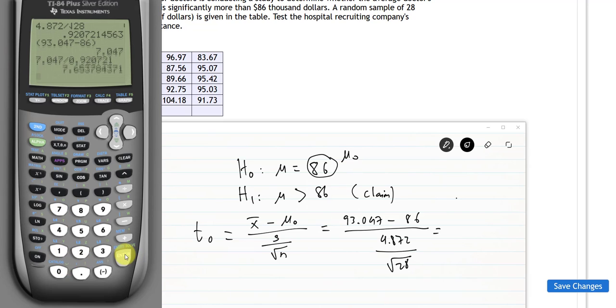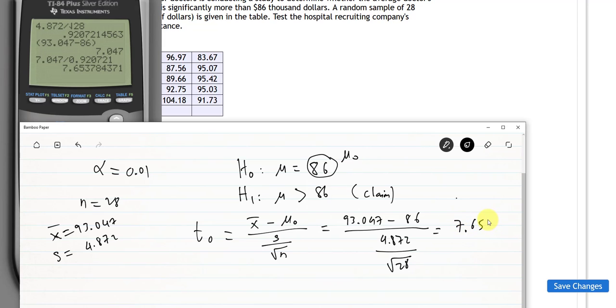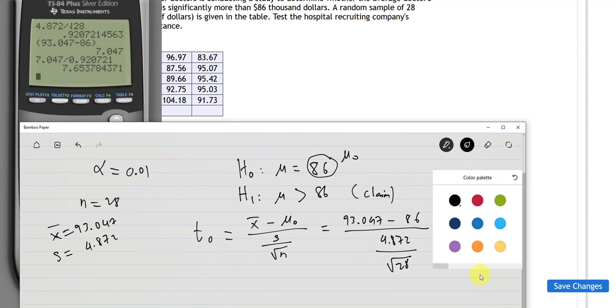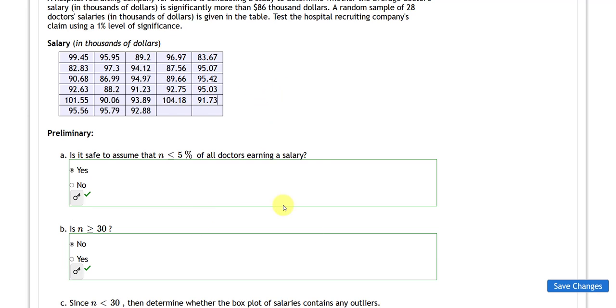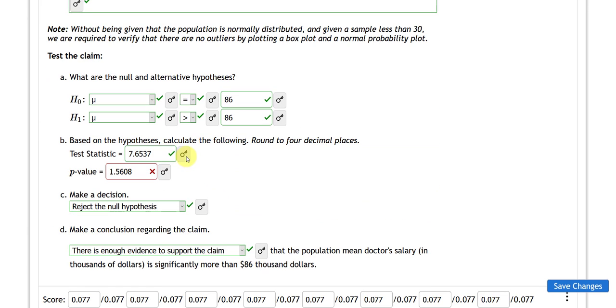That should give me the test statistic of 7.6537, around that. Let's check the answer. The answer is right here, so that is correct.